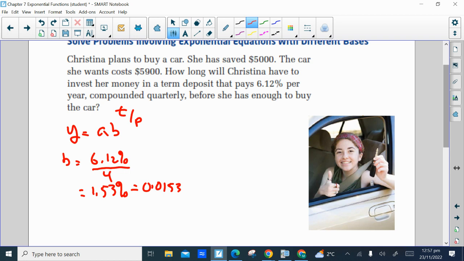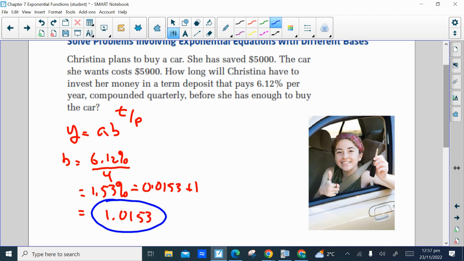She has 100% of what she started with, and 100% as a decimal is 1, so I'll put a plus 1 on the end. So it's 1.0153. That's what our growth rate will be, because she has 100% of what she started with. That's what the 1 represents, plus 0.0153 more. So that's the b value that we will have to use in this case.